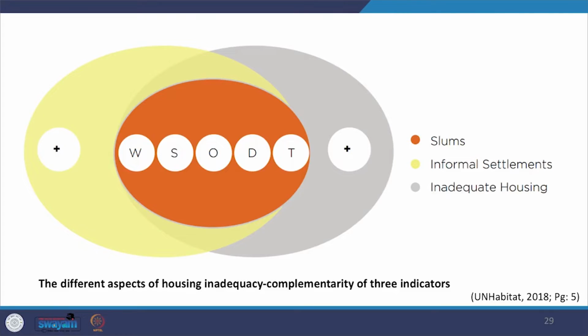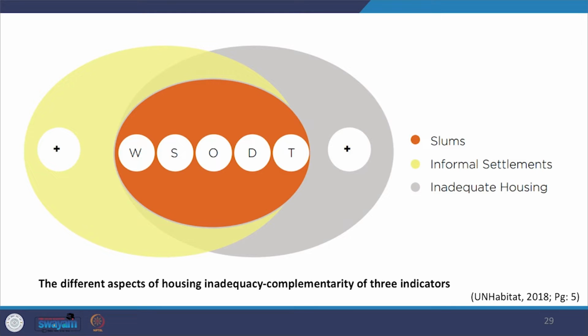It is explained that the Sustainable Development Goal Indicator 11.1 targets that it integrates two aspects of poor housing condition: the aspect of slums and informal settlements that UN Habitat have been monitoring under the Millennium Development Goals target 7D, mostly in developing countries, and the new aspect on inadequate housing that applies largely to the developed countries.